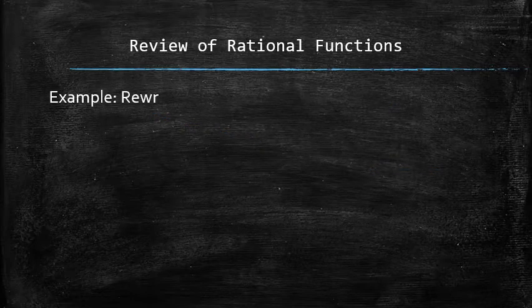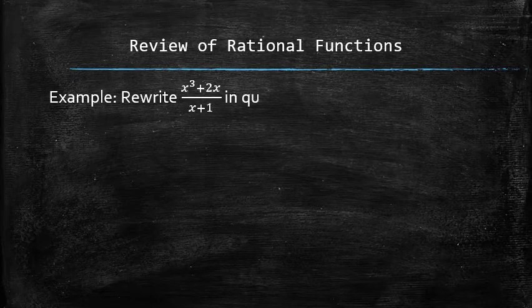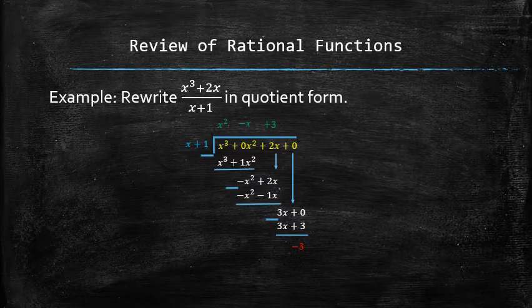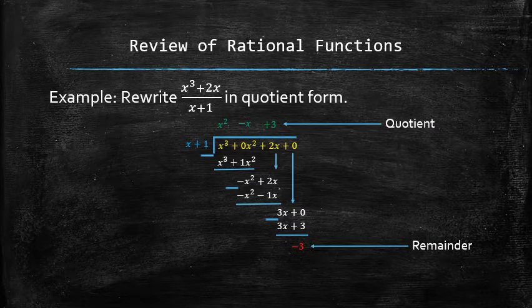Let's practice writing an improper rational function in quotient form. We perform the long division of polynomials and use the quotient, remainder, and the divisor to put the results together in quotient form.